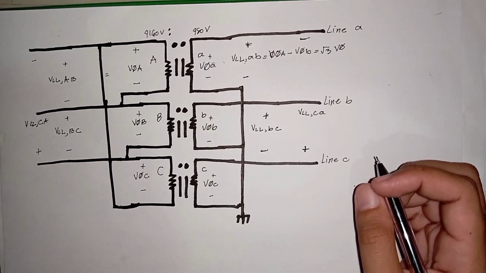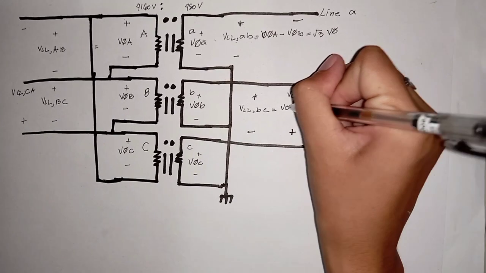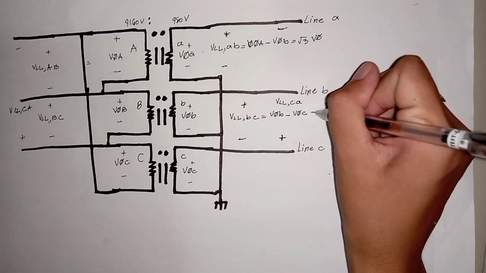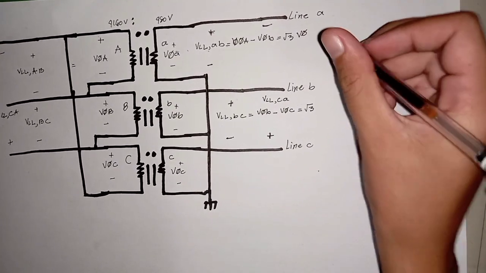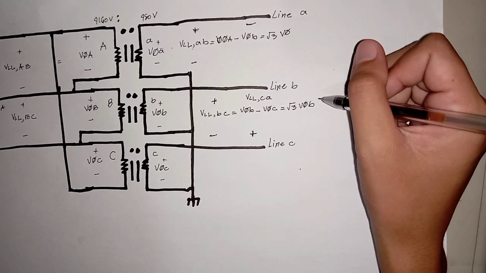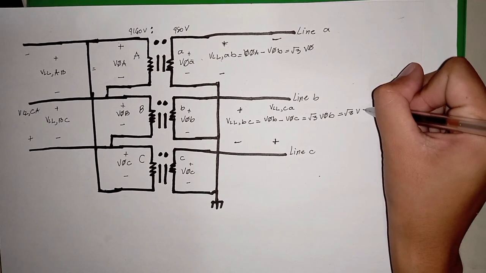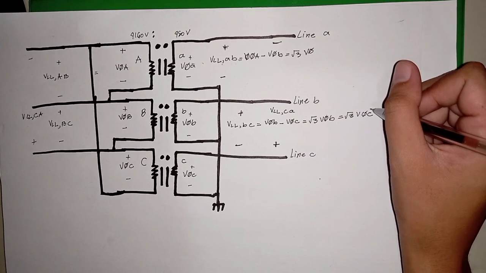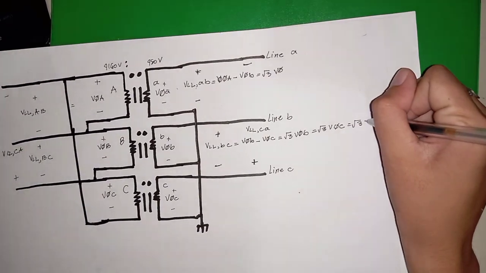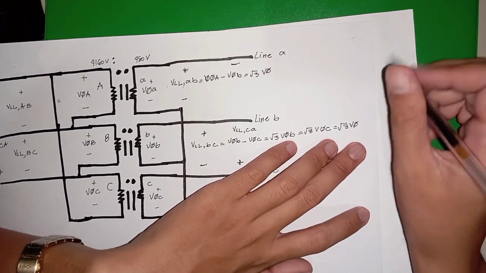So what's the line-to-line voltage between line B and line C? It's phase B voltage minus phase C voltage, which is equal to the square root of 3 times the magnitude of phase B voltage, which is also equal to the square root of 3 times the magnitude of phase C voltage, or simply the square root of 3 times the magnitude of any phase voltage.